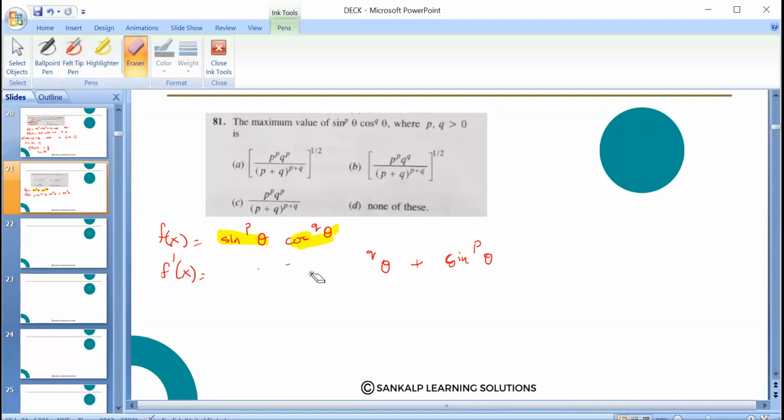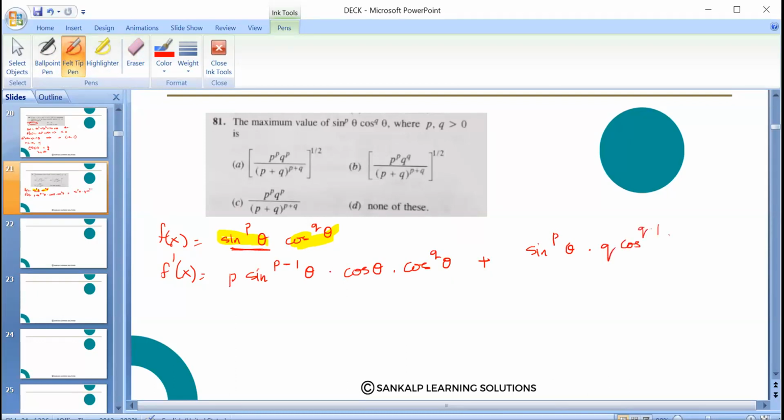See, we will use chain rule. First, x power p derivative is p, x power p minus 1 theta. But sine theta, we have to multiply the derivative cos theta, cos power q theta. Plus sine power p theta will be same. Something power q, x power q, q x power q minus 1 theta, and derivative of cos theta, the inner function, is minus sine.